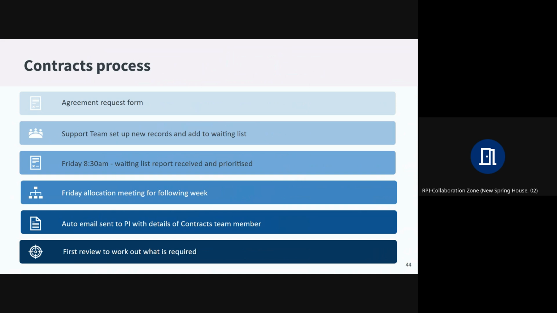They will say what core level they think it is, and they'll put an estimated date of when we're going to allocate it to a member of the team. I update that every week, depending on how big our waiting list is. On a Friday morning, I get a report, which is essentially our waiting list, and it comes through by date and time of submission. There have been rumours in the past that it comes through with the highest value, the most strategically important, at the top.